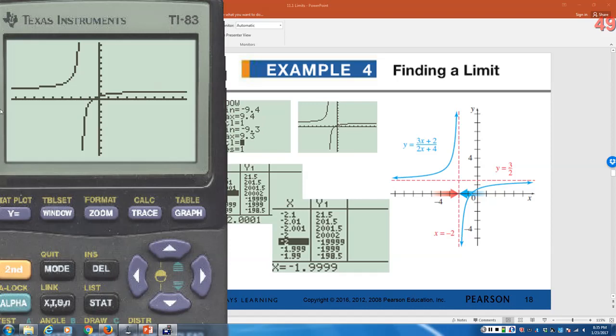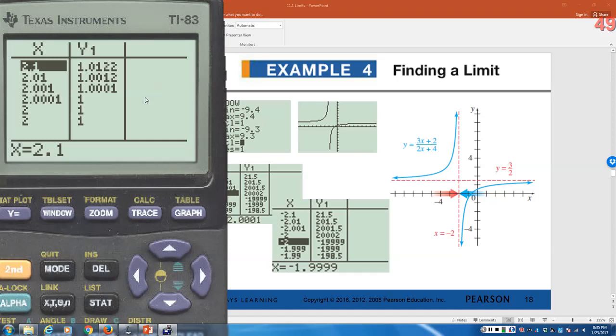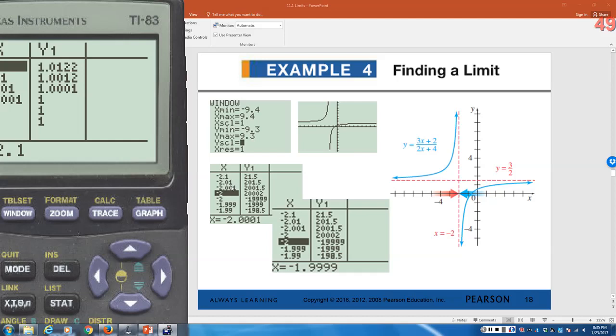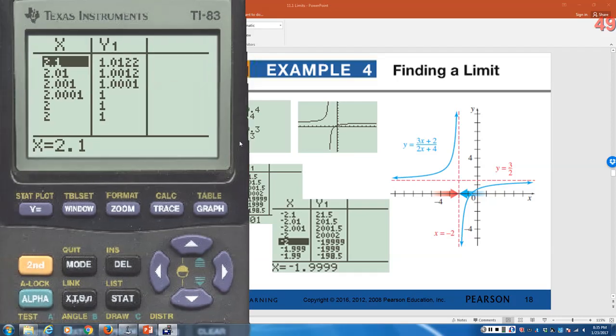And in fact, if I go to my table and do what I've done before, I'm going to start from the negative side first.